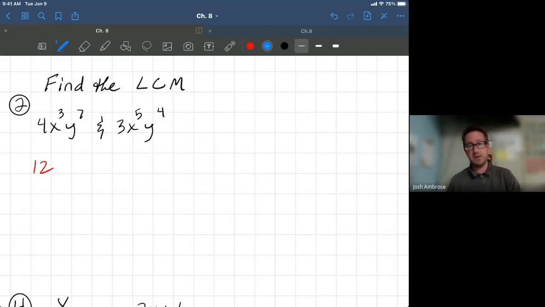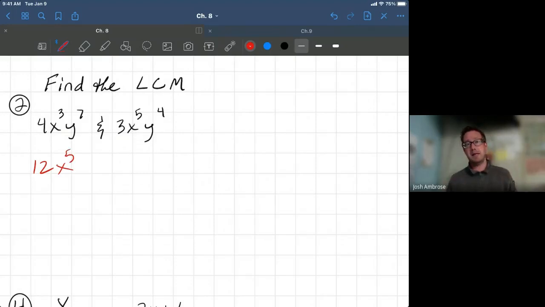Then what you're looking for is, for starters, the common variable. So focus on here, we have x and there's an x. What's the biggest exponent that they give us? That is our least common multiple. So x to the power of 3, x to the power of 5. The least common multiple of that one is going to be the 5.